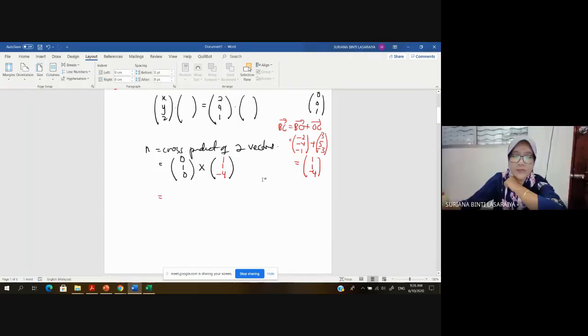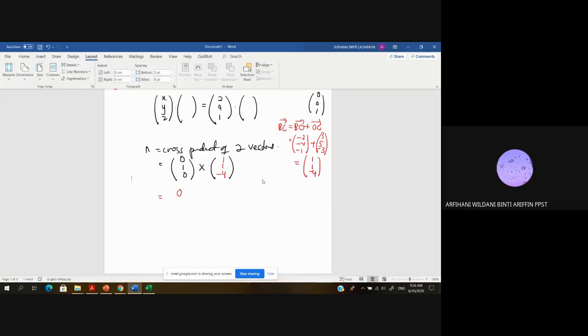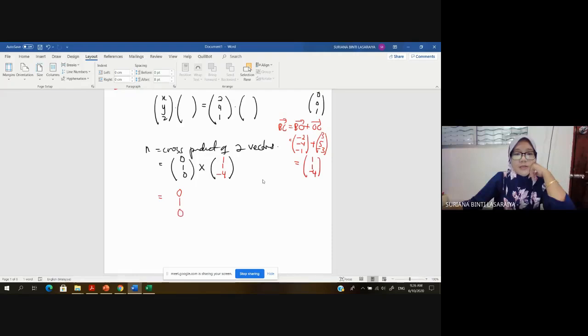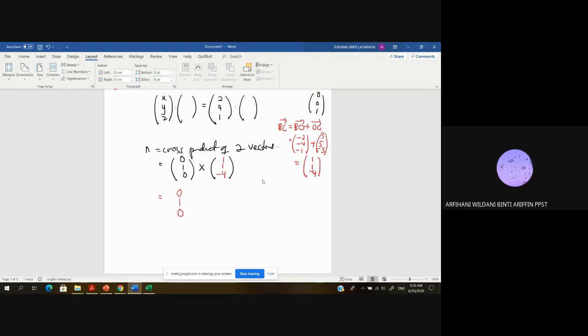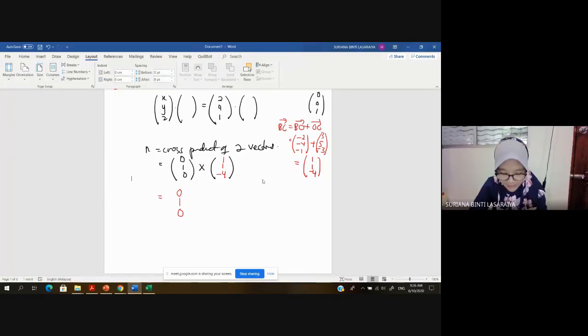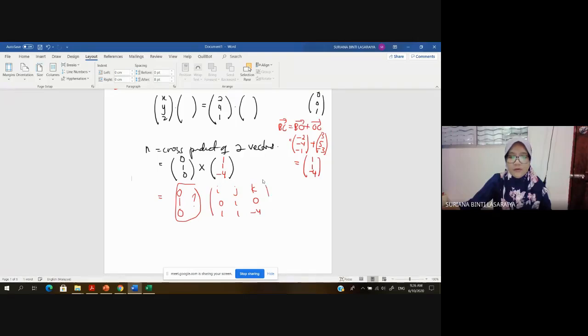Zero, 0, 1, 1, 0. 0, 1, 0, betul kah? I think so. Is that correct? 0, 1, 0. Betul kan ni? How you find cross product? I, J, K kan? And then 0, 1, 0. 1, 1, -4. Okay, find dia punya cross product.